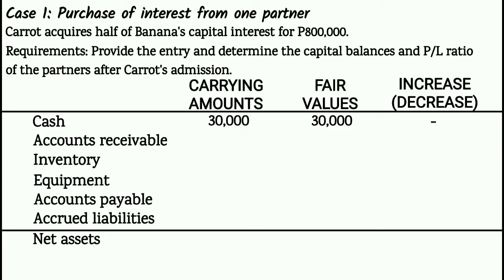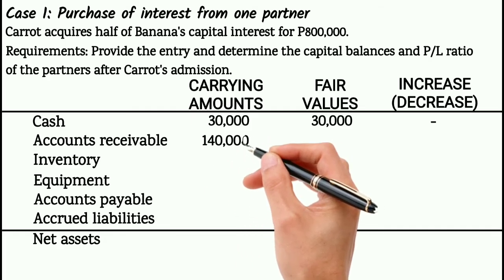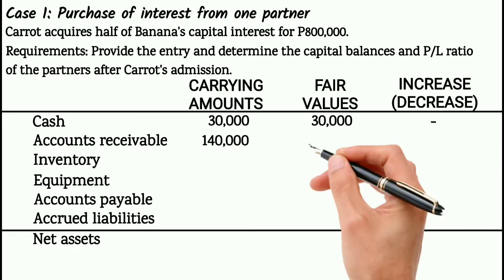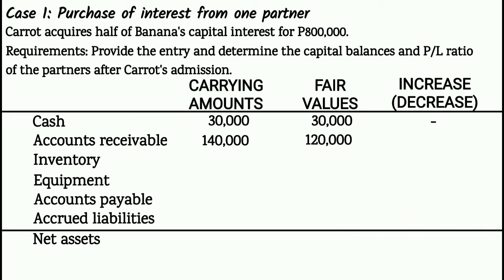Ang carrying amount ng accounts receivable ay 140,000 pesos. Pero ang fair value ay 120,000 pesos. Because it says in the problem, the recoverable amount of the accounts receivable is 120,000 pesos. Therefore, it is the fair value.